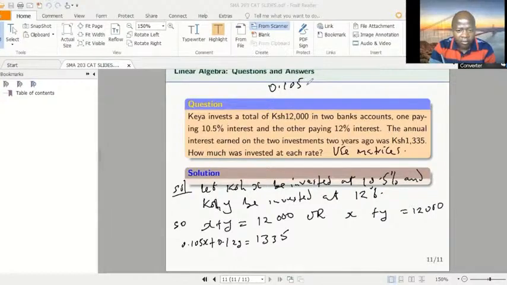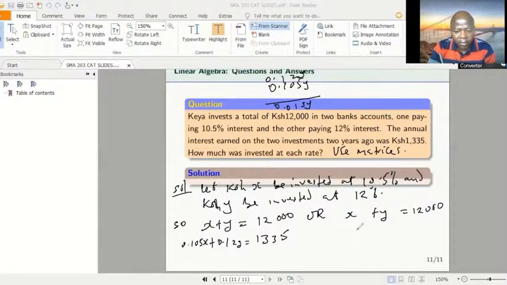When I subtract from 0.12, this will be 0.015y, and this will be 1, and this will be 0.